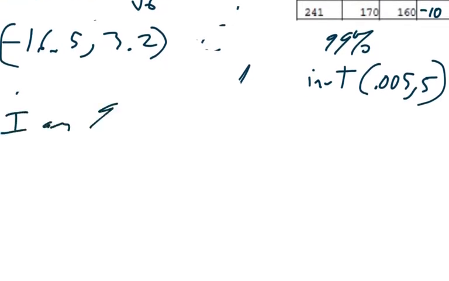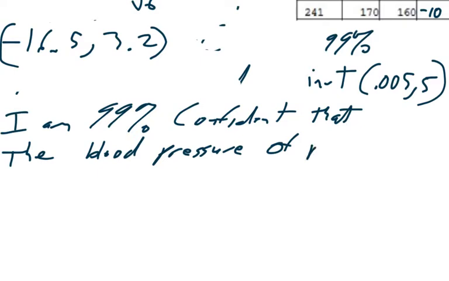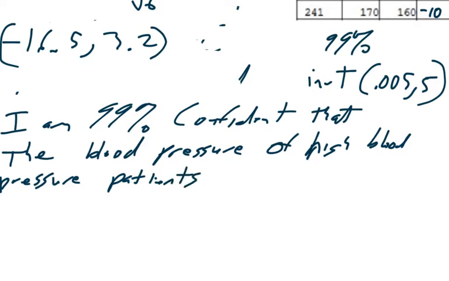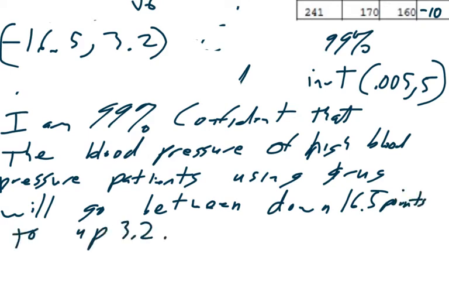I am 99% confident that the blood pressure of high blood pressure patients using the drug will go between down 16.5 points to up 3.2.